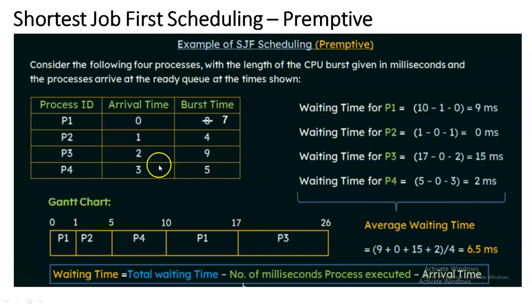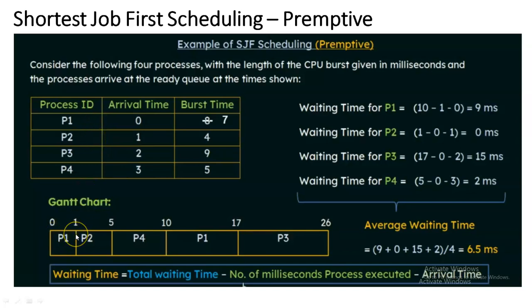So now we are having a process inside the CPU already, and at the arrival time 1 a new process is requesting the CPU. So now the CPU will be comparing the process inside it and the process that is requesting to come in. So now we are having two processes, which is P1 and P2.